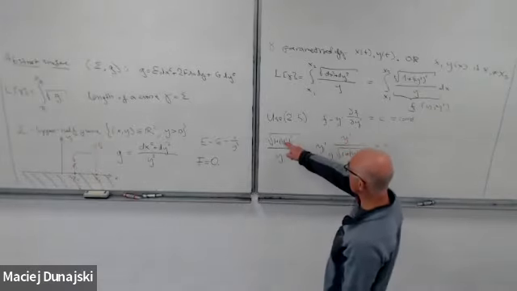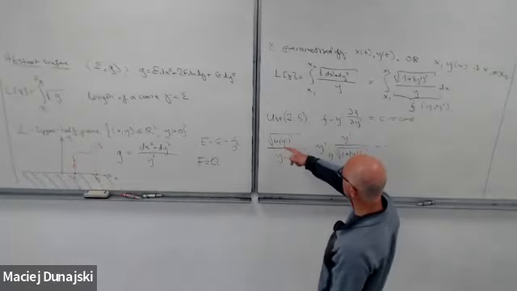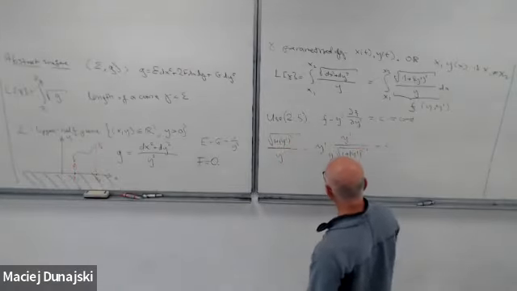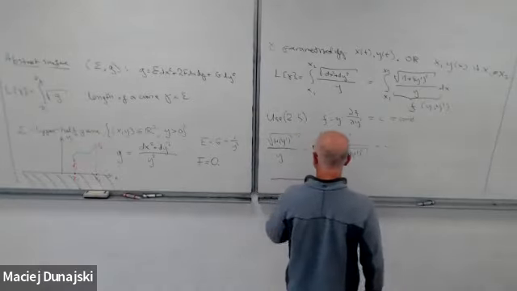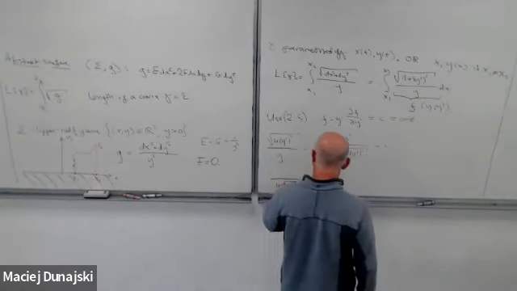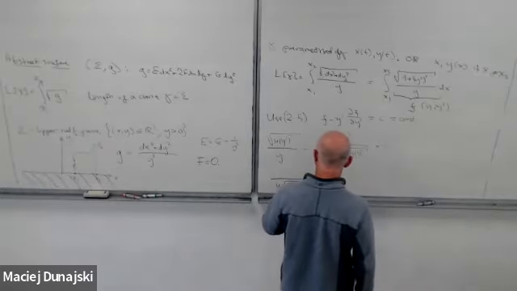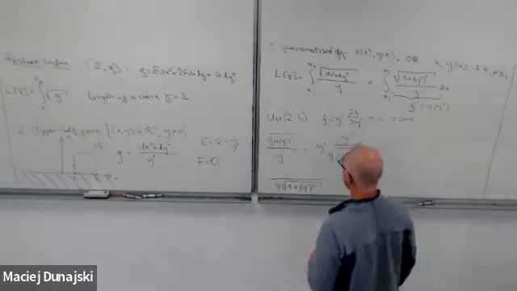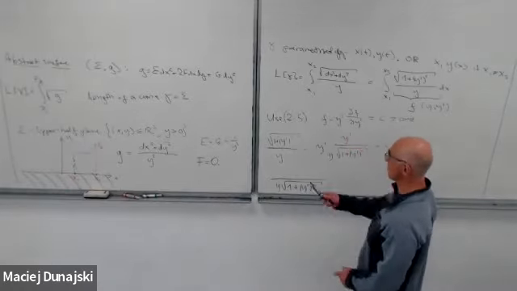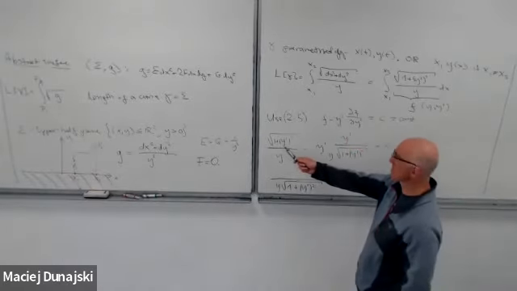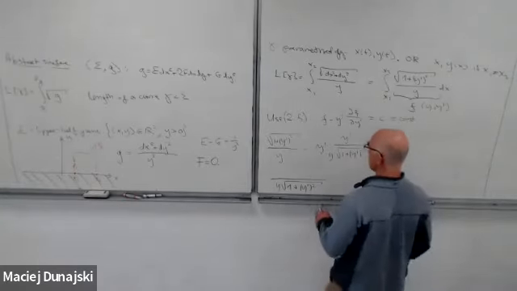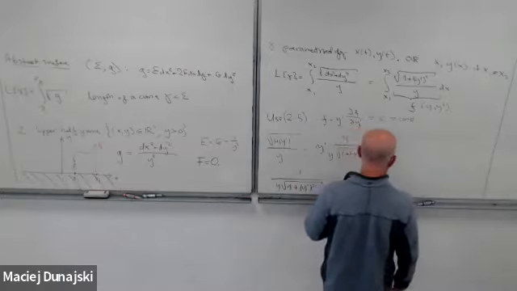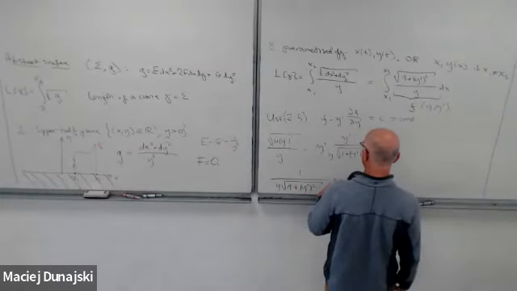I multiply up and down by a root of 1 plus y prime squared. So in the denominator, I have y root of 1 plus y prime squared. And in the numerator, I take the square of this, because 1 plus y prime squared minus y prime squared is 1. And that's equal to c.